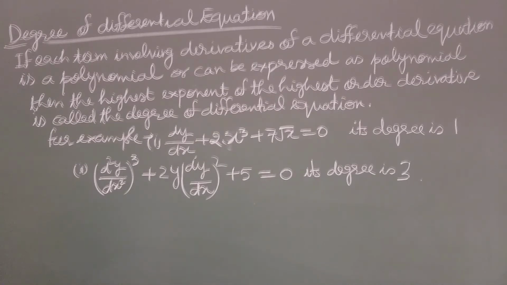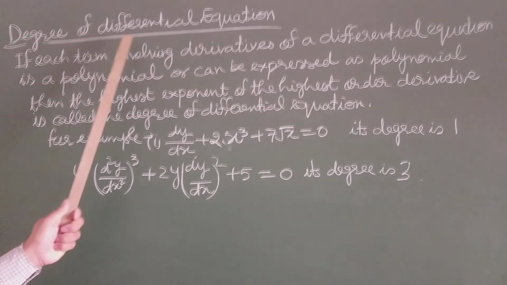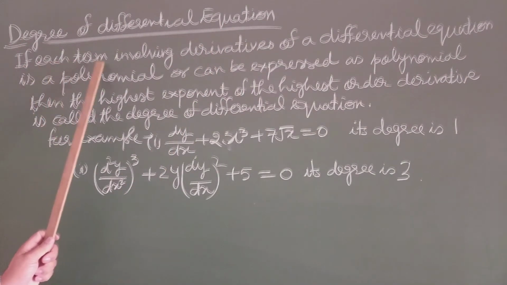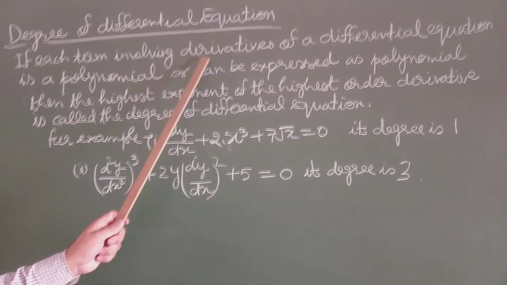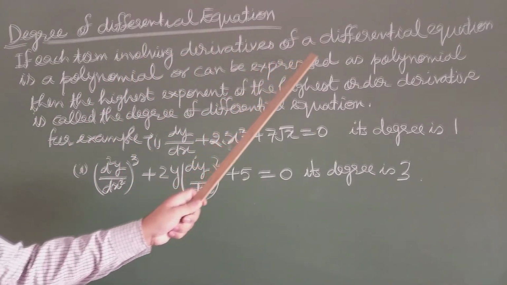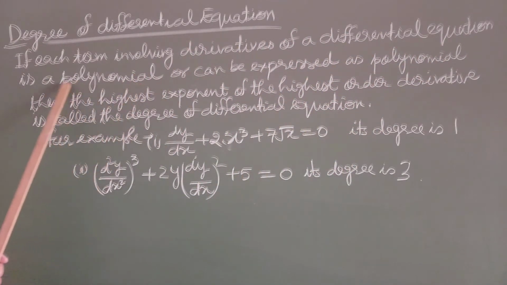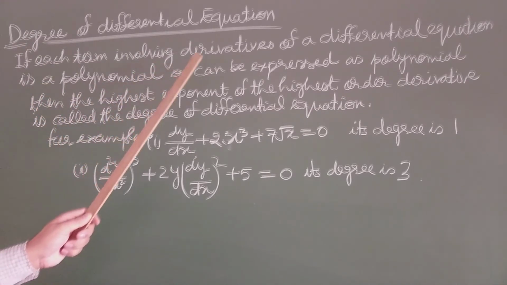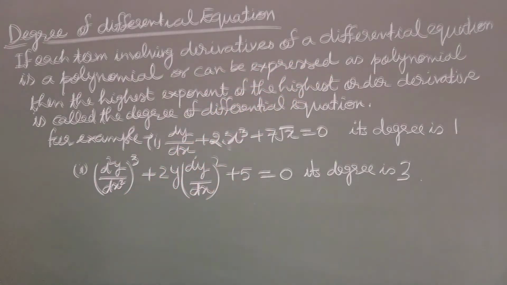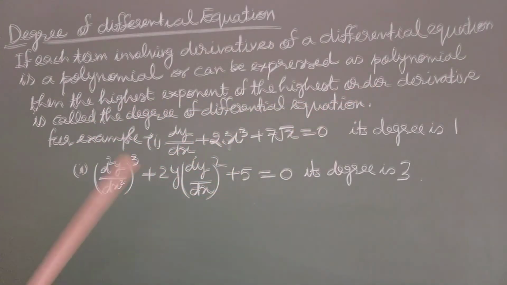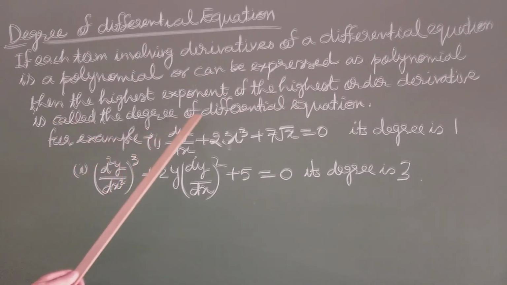Now students, what is the degree of a differential equation? If each term involving derivatives of a differential equation is a polynomial, students, this word you have to remember, a polynomial, or can be expressed as a polynomial, then the highest exponent of the highest order derivative is called the degree of the differential equation.